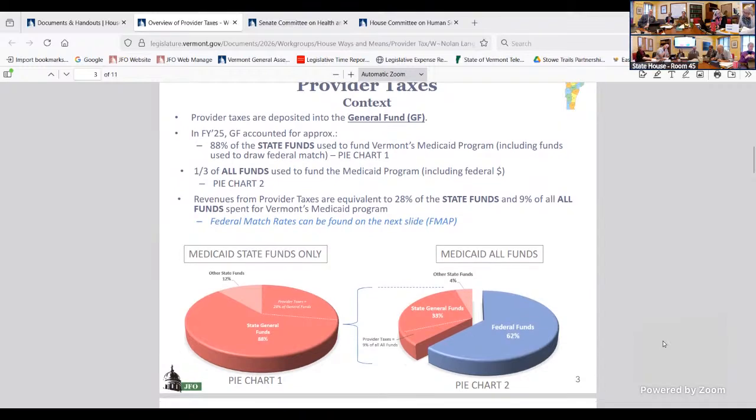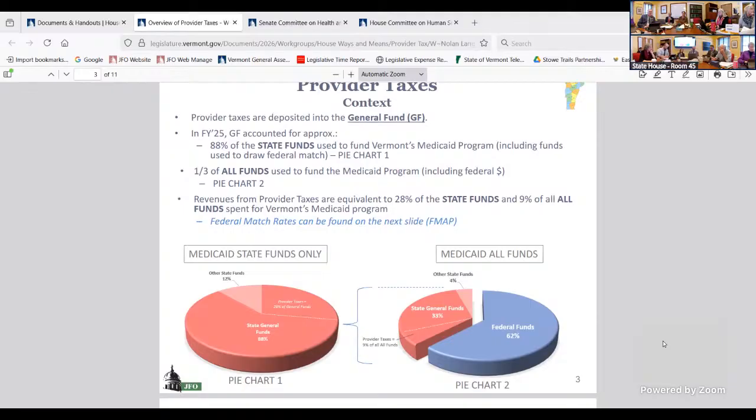So provider taxes are deposited into the general fund. They used to be deposited into a separate fund called the State Healthcare Resources Fund, but now they're in the general fund. And I have this slide up because I want to give you a sense of how much of the general fund pie provider taxes account for when you think about the Medicaid bucket. The left side is state only.